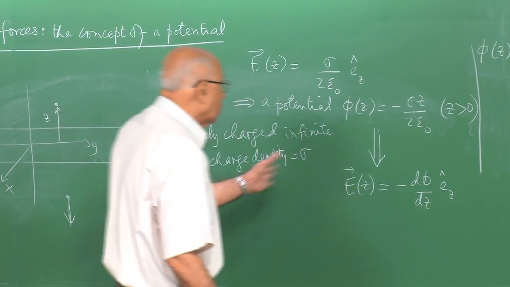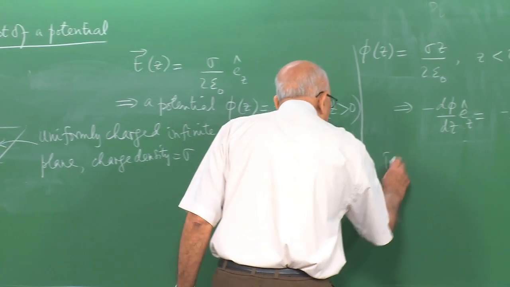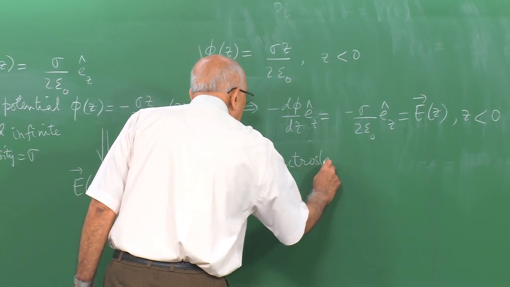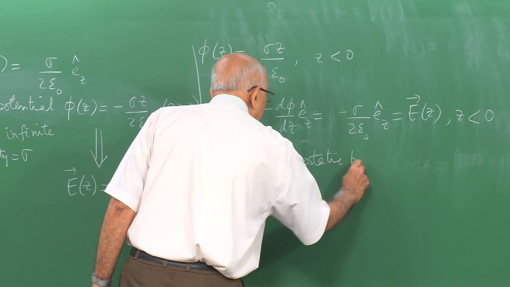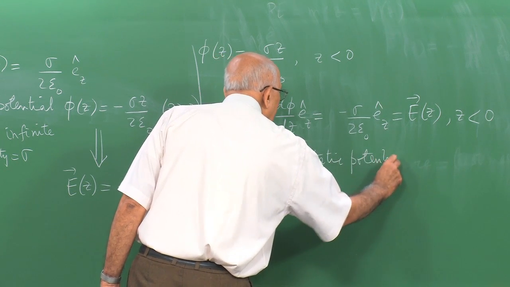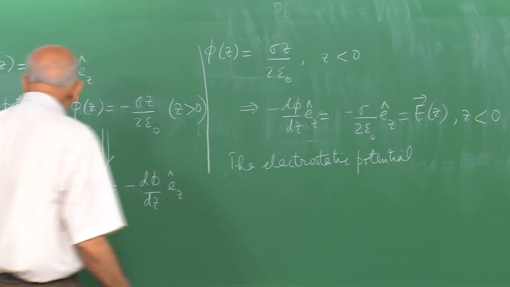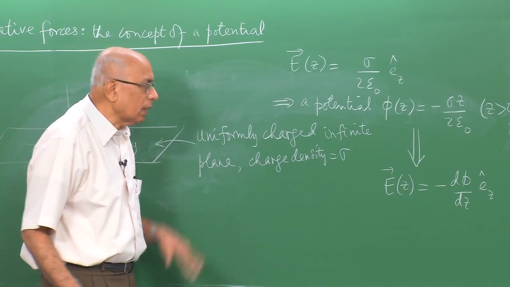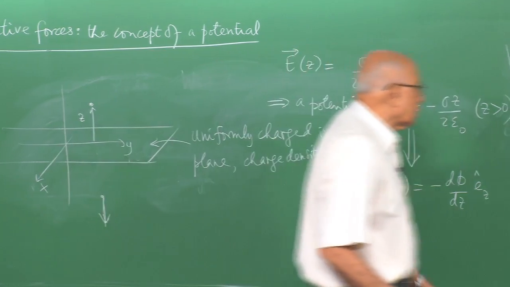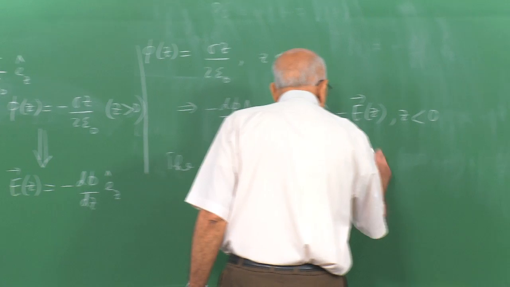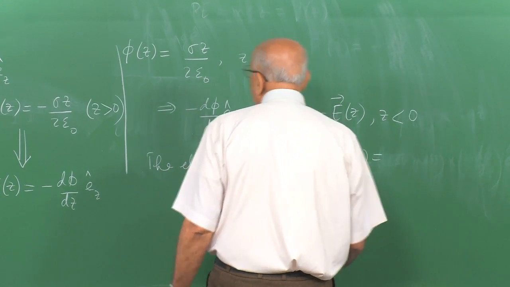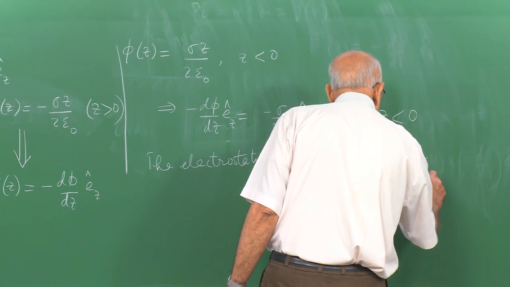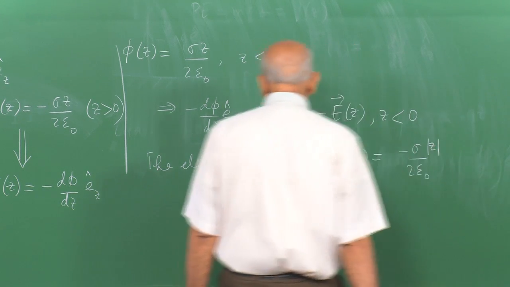So you could combine both these things and say the electrostatic potential due to an infinite uniformly charged plane with charge density sigma sitting on the xy plane, this electrostatic potential phi of z must be equal to what we have here, minus sigma over 2 epsilon naught, the modulus of z.